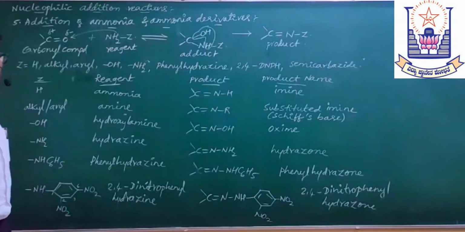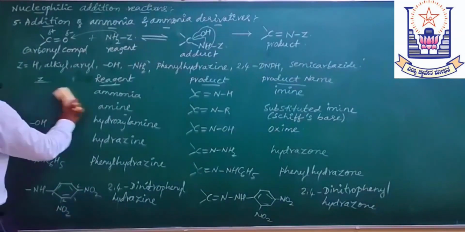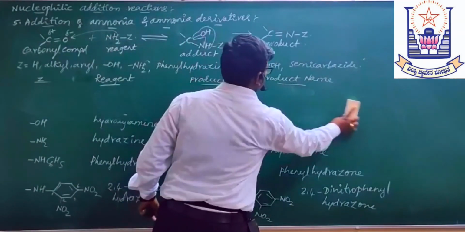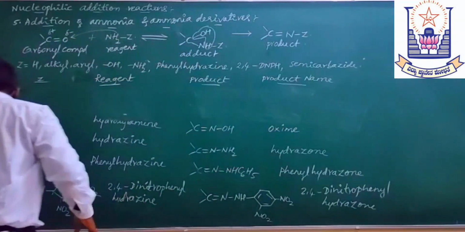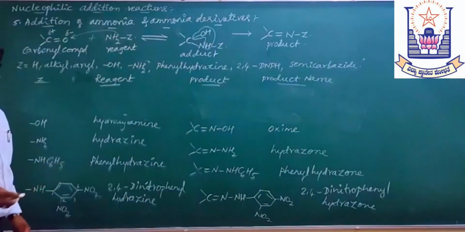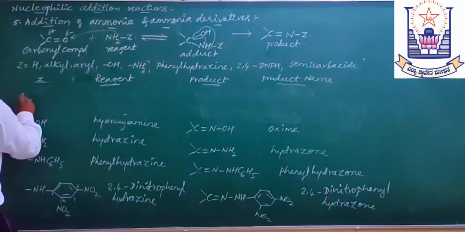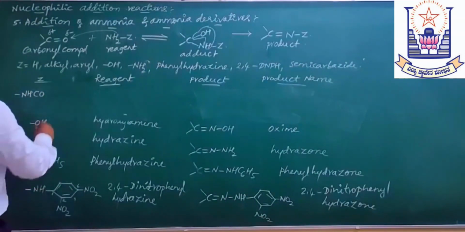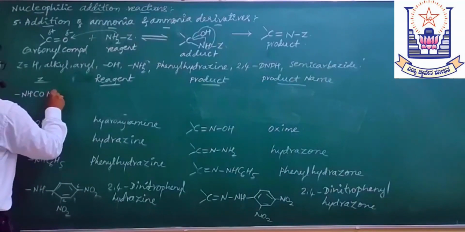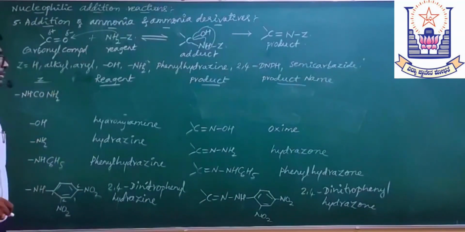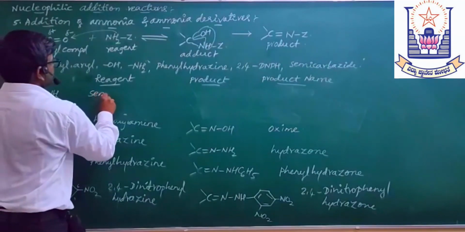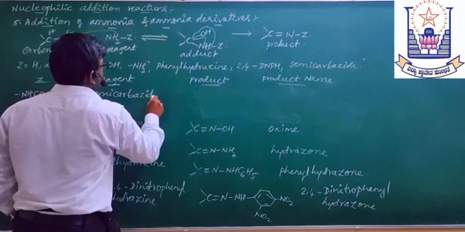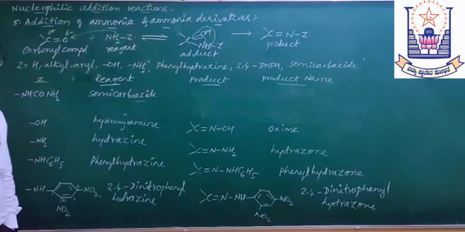Yes, we have one more reagent, that is semicarbazide. Let us take that. When Z is NHCONH2, the reagent name will be called semicarbazide.